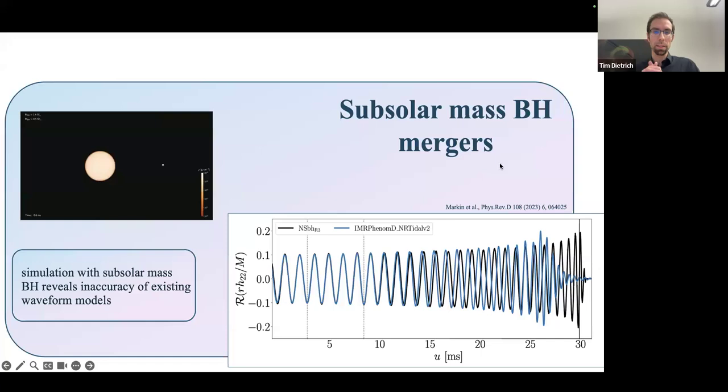It's work by Mark et al. Then you compare to the waveform models that you have, and you see that there's a huge disagreement, which shows that in these completely extreme regions of the parameter space, current waveform models, and I can say also the waveform models currently under development, will perform very, very poorly. So there's still a lot of work to do in the future.